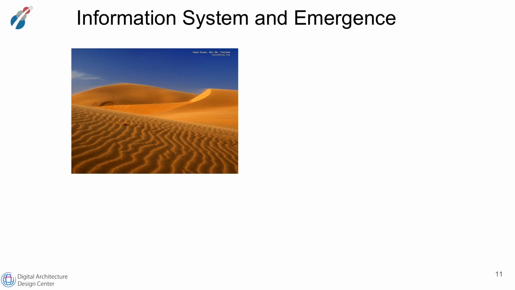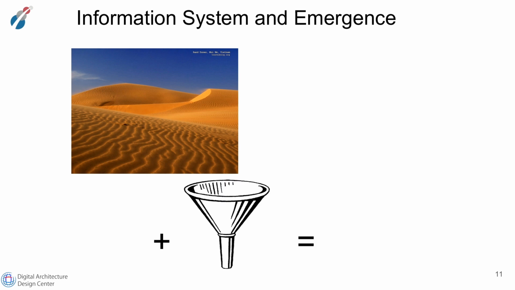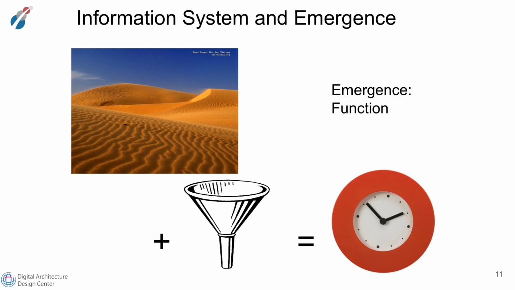And I'll start with a very simple example, but a compelling one, which is, let's take sand and a funnel. So the idea is that we take sand and we put the sand through the funnel. What do we get? Well, we get the function of timekeeping.